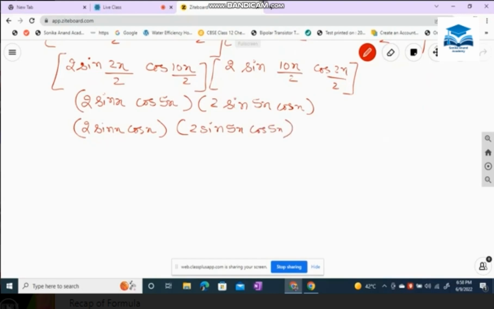Now we have a formula, sin 2 theta is equal to 2 sin theta cos theta. So using this formula, here we have x, so its answer becomes sin 2x. And here we have 5, so it becomes sin 10x. So which is the required answer?